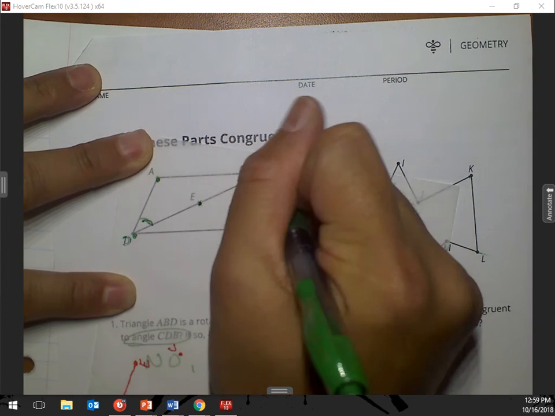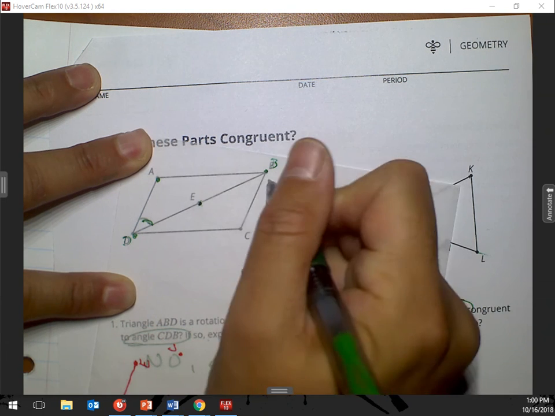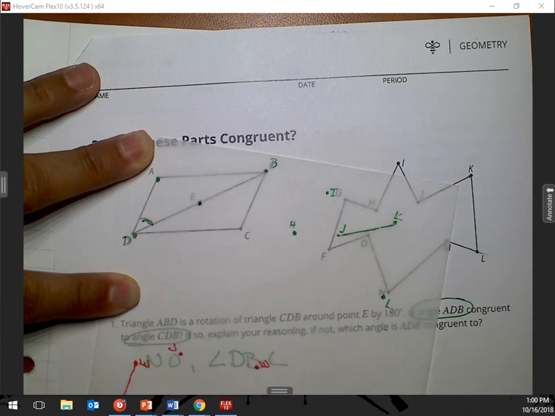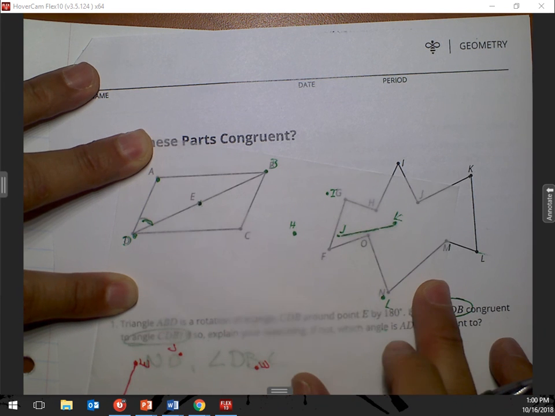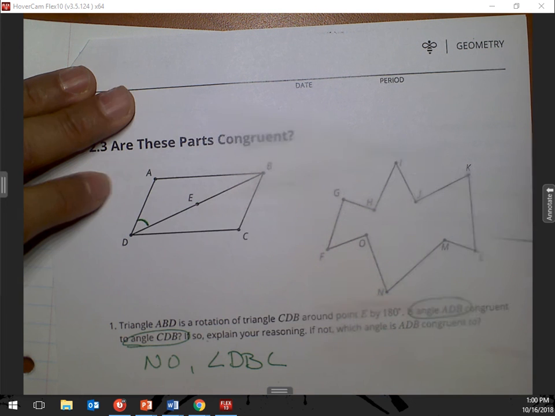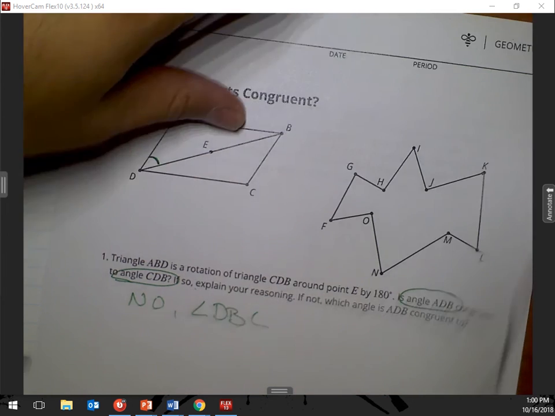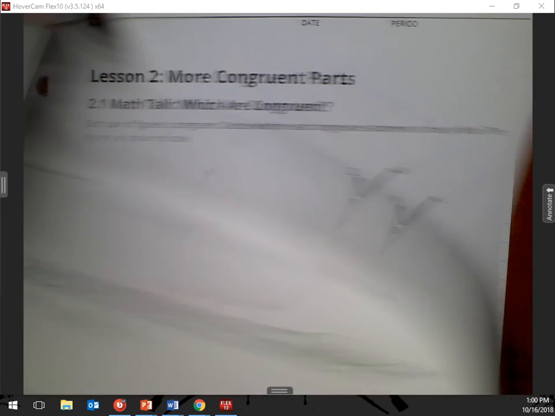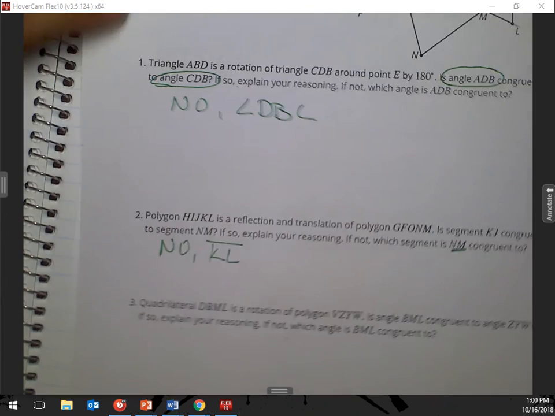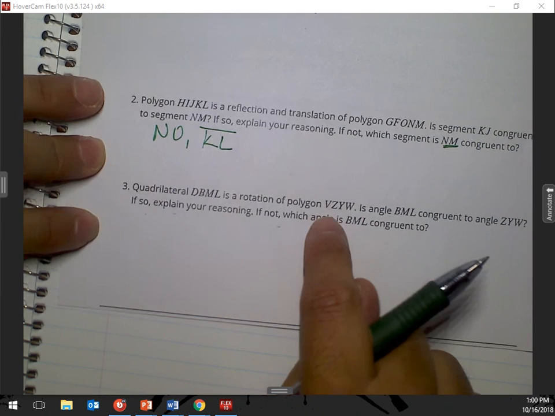D, B, M, L. What? Must be a typo, because I don't see another one here. Okay, so I'm going to just try and sketch my own, because apparently this doesn't have it.